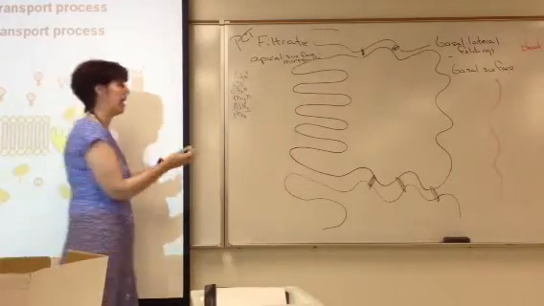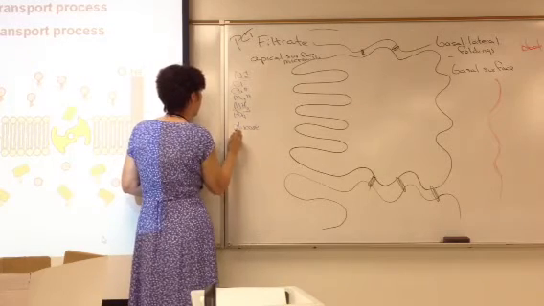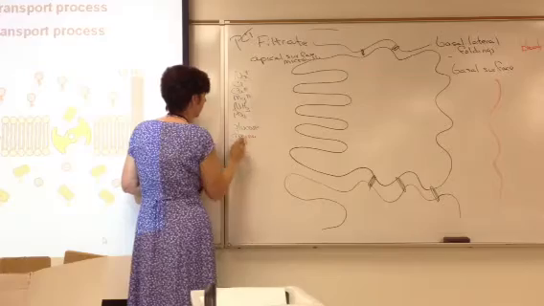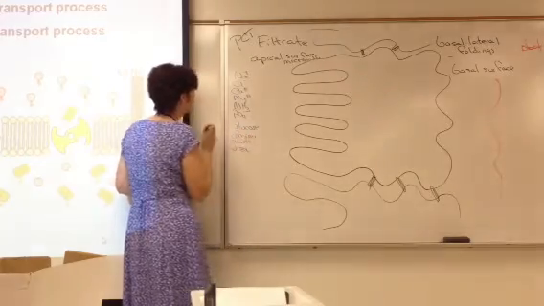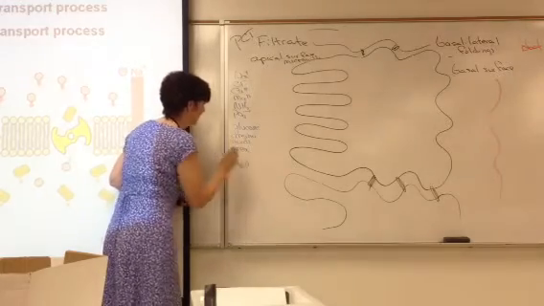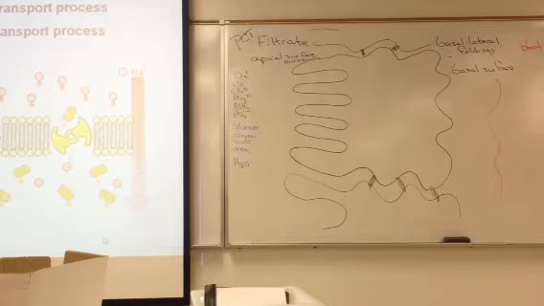We also have molecules such as glucose, individual amino acids, urea, water. So all of those components were filtered into the glomerular filtrate.